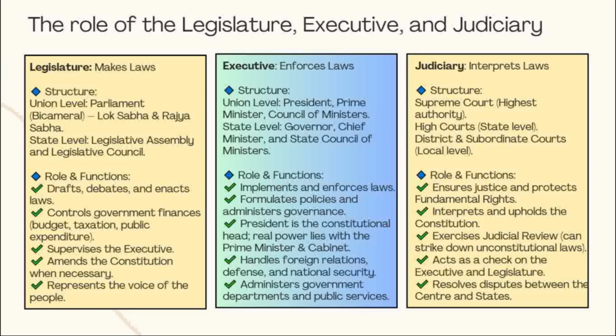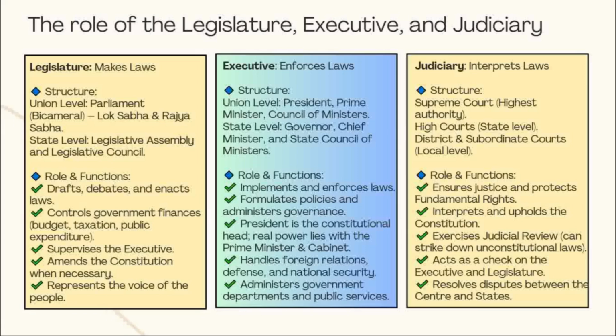The governance framework is divided into three main branches: legislative, executive, and judiciary. Each branch plays a crucial role in the functioning of the government, maintaining checks and balances to prevent any one branch from becoming too powerful.